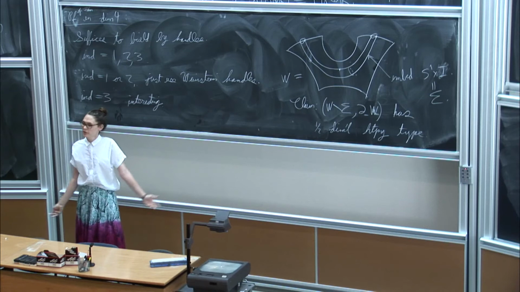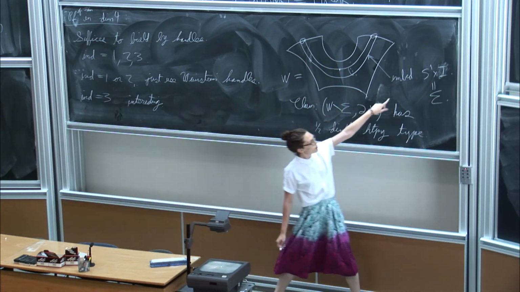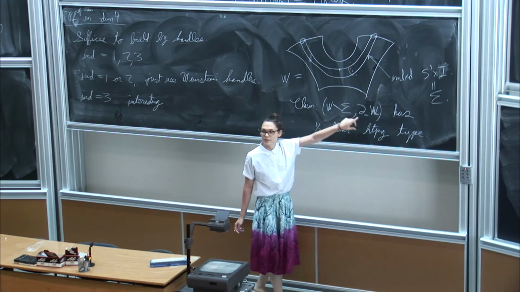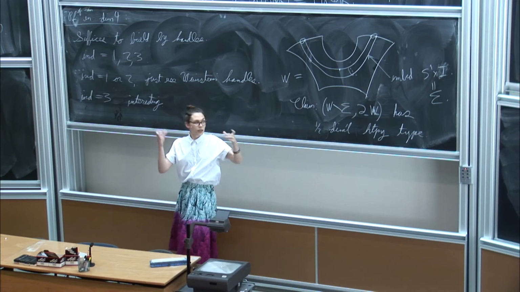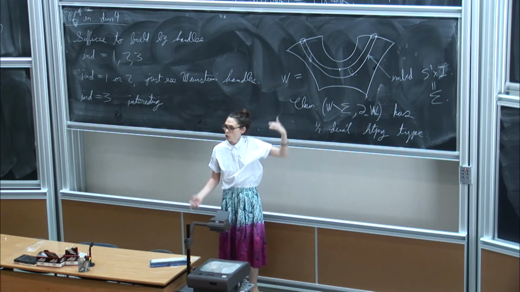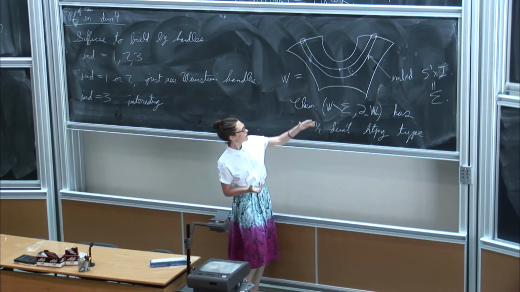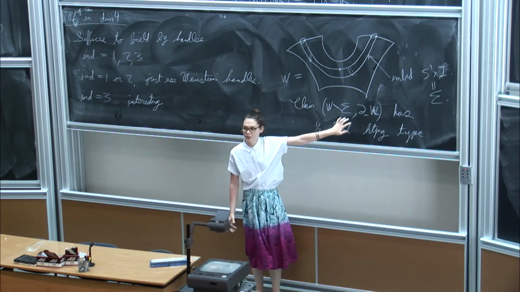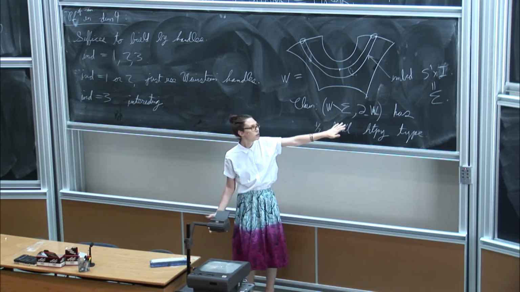So what's the basic reason for why this is true? Instead of S1 cross I, let's imagine that I did a full D2 cross I. Then I'm just deleting the co-core itself, right? Well, if I delete the co-core, then this thing has no topology at all. It's just a trivial product.